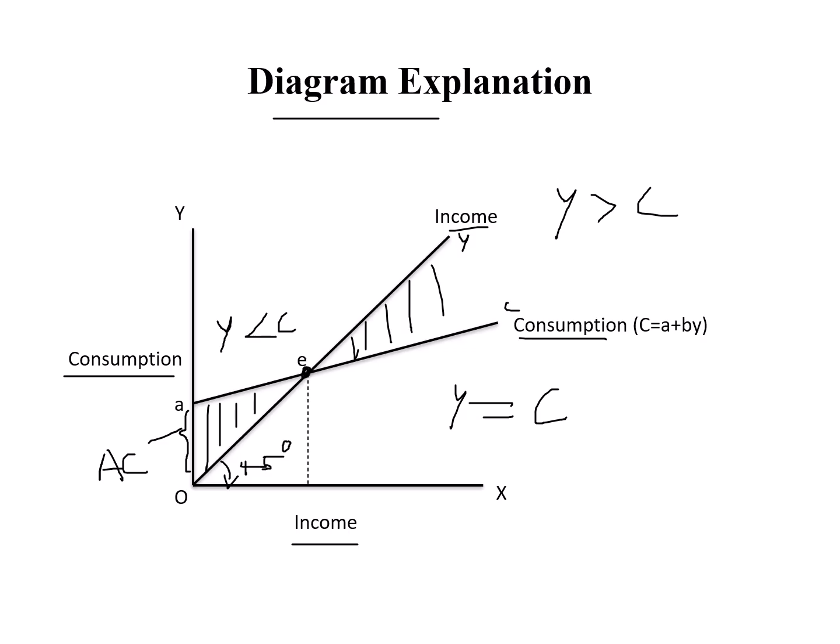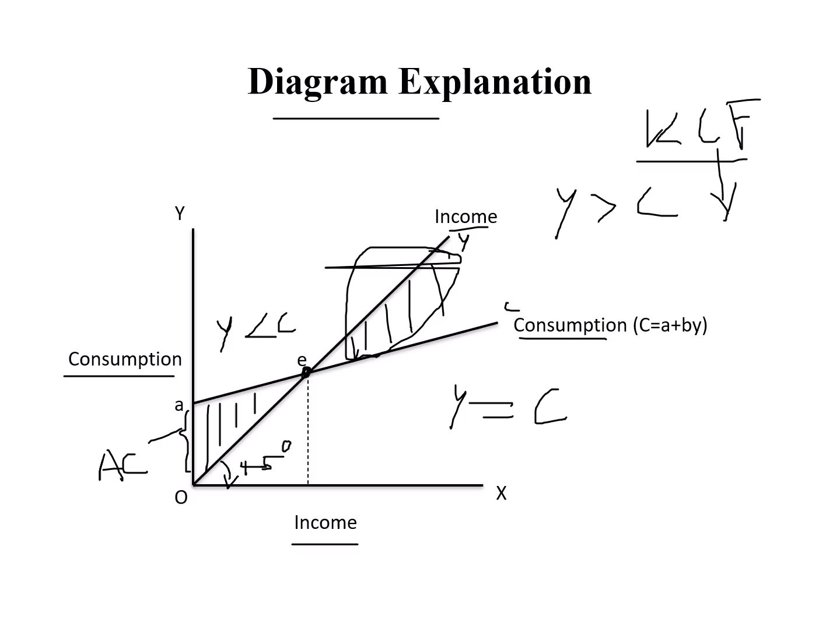And this part we can see as the Keynesian consumption function. What is the Keynesian function? The Keynesian consumption function, or we can call it the absolute income hypothesis or psychological law of consumption.